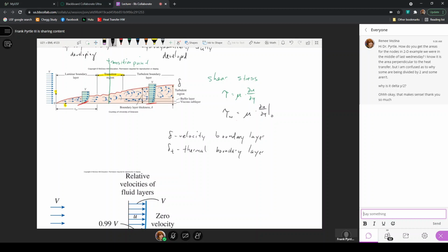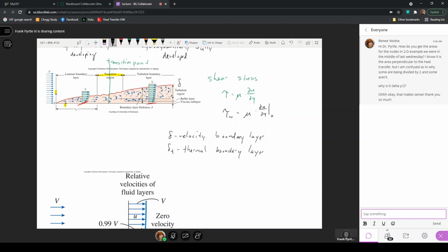The velocity boundary layer is the region where the velocity varies between 0 on the surface, due to the no-slip condition, and V, the free stream velocity of the fluid.